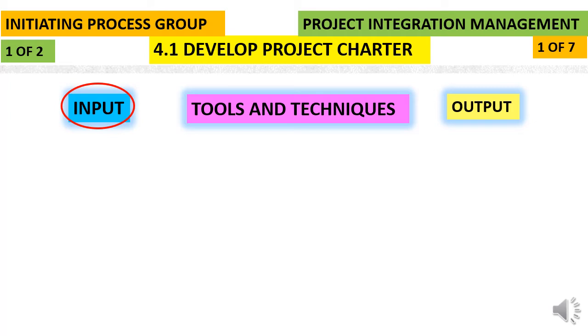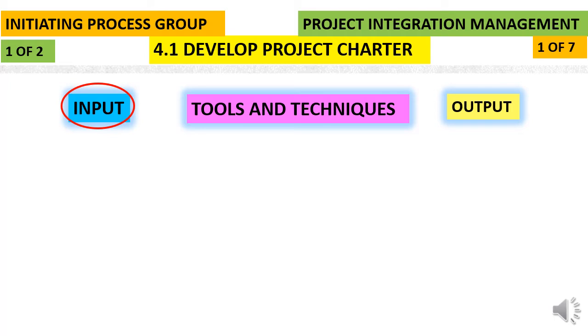You can see this process is the first process in the project integration management knowledge area. There are 7 processes in total under project integration management, and this is the first process.